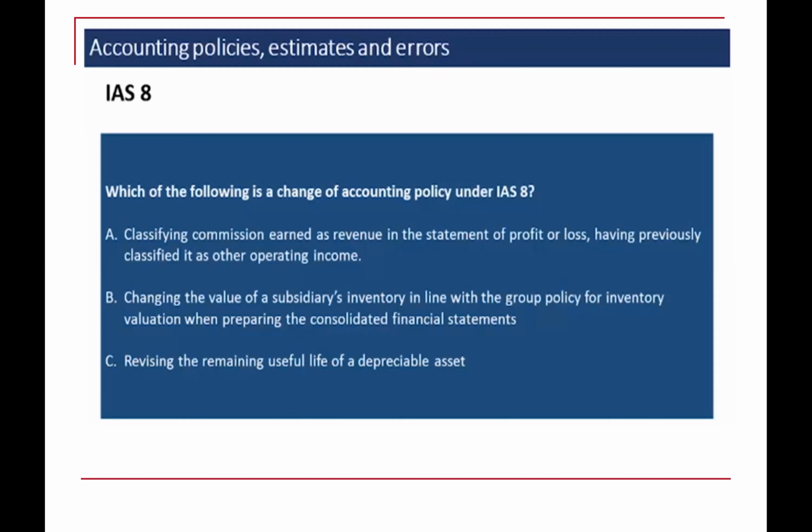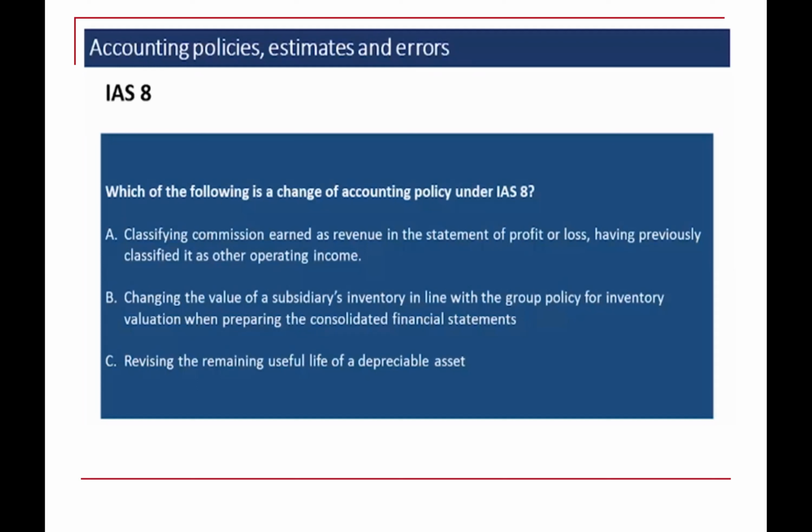We are going to discuss this when we are consolidating, but consolidating simply means we are taking our inventory and the subsidiary's inventory and we are adding them together as if we're one operating company. So what we are changing there is the value of the subsidiary's inventory so that it reflects the policy of the parent, but we are not changing the accounting policy of the subsidiary.